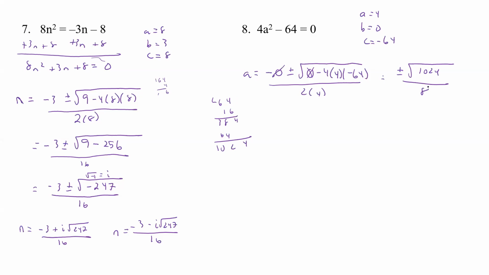Okay. Well, 1024, that's one of those nice ones. And this one is a square root of, and it's going to become 32. And so we get A equals plus or minus 32 over 8. So that gives us A equals 32 divided by 8, which is +4. And we also get -32 over 8, which is -4. And that's what we would expect if we had factored this and simplified that direction.